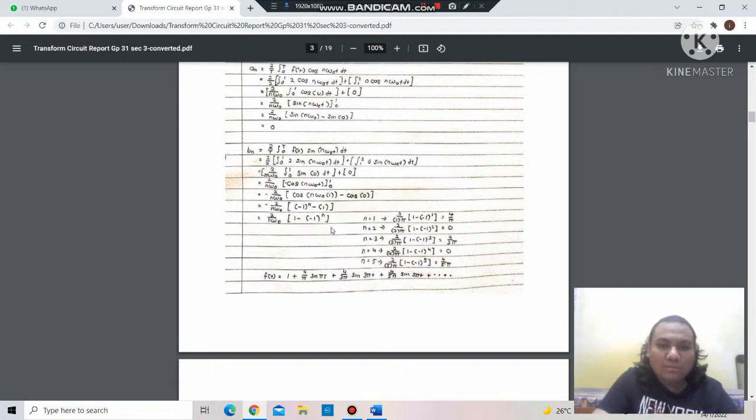And my group takes n equal to 1, n equal to 2, n equal to 3, n equal to 4, n equal to 5, and gets the function of the wave.